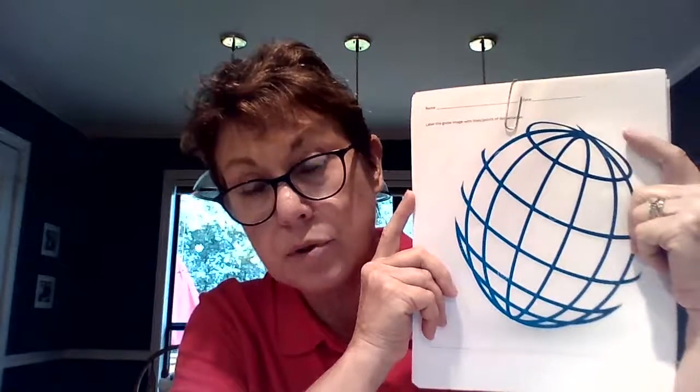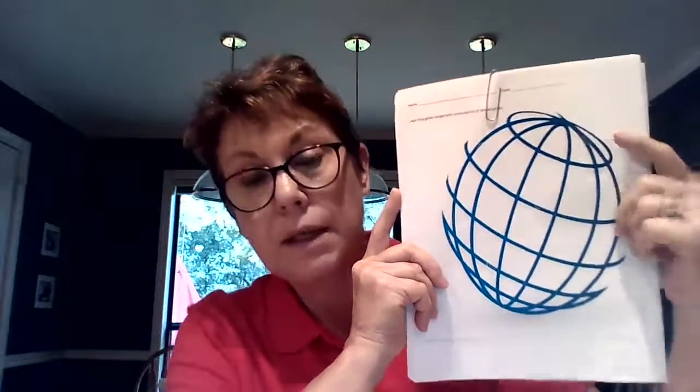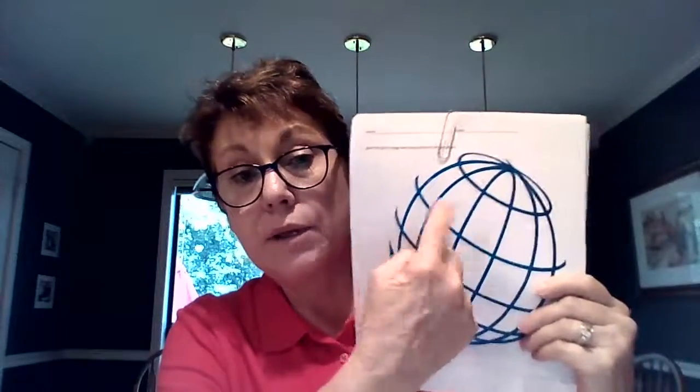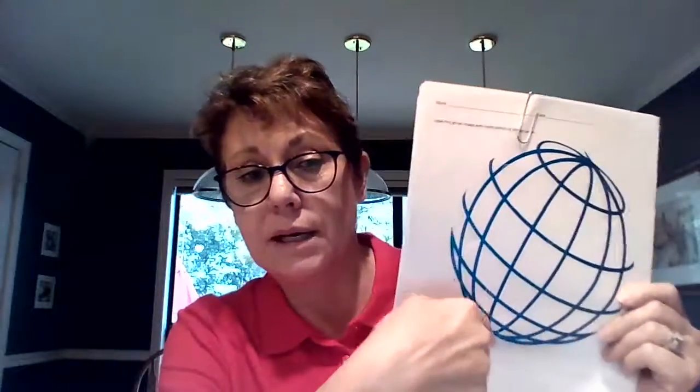Okay. Now, another thing that is at the bottom of the page is a global grid. Now, this is going to be the one that's probably going to be the most challenging for you if you've not been able to upload assignments. This one, you can click on the globe and save the image on your computer, print it out, and then you can do it by hand by marking the different lines, like the prime meridian and the international date line.